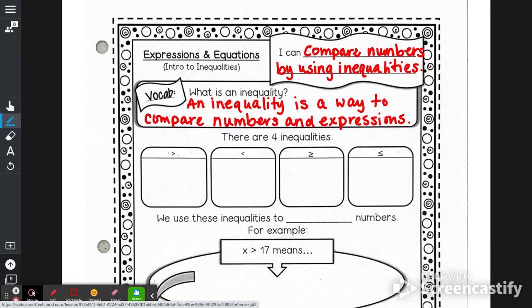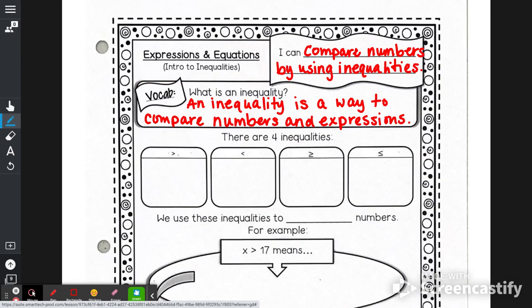Okay, so like Connor just said, it looks like it is the alligator that you guys have already learned. So this very first one, and keep in mind that whenever we are reading inequalities, we read them going from left to right, just like we do equations and expressions.